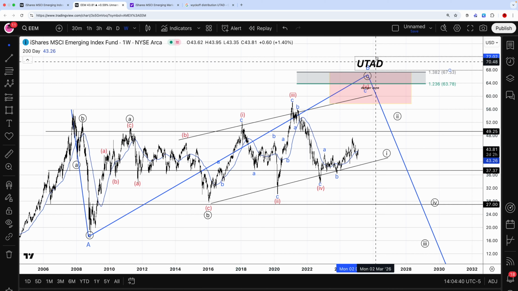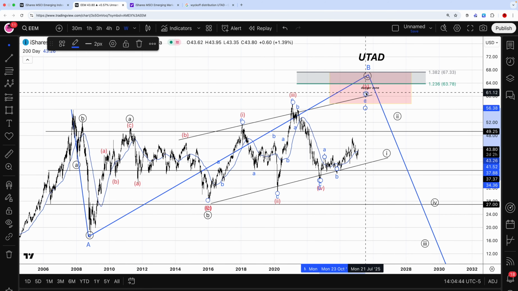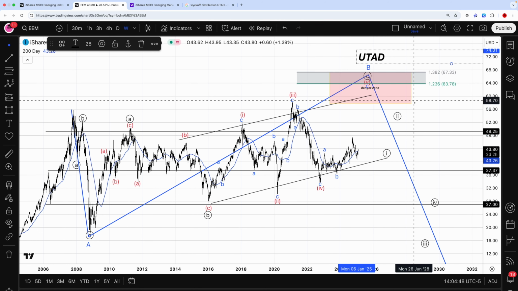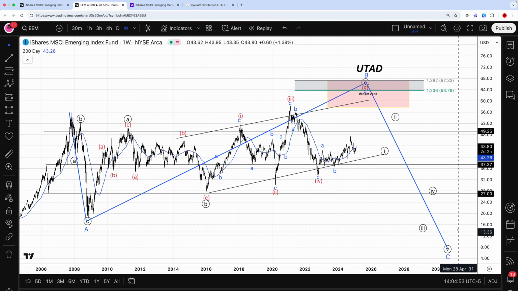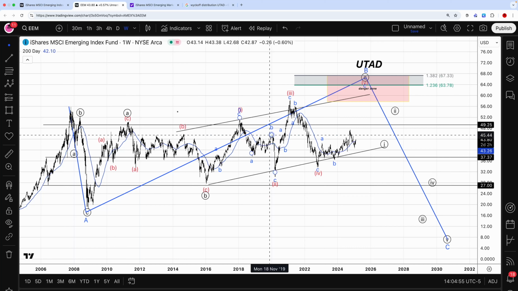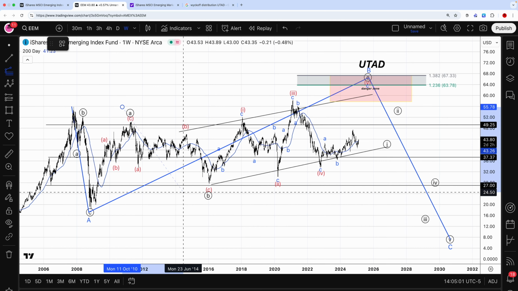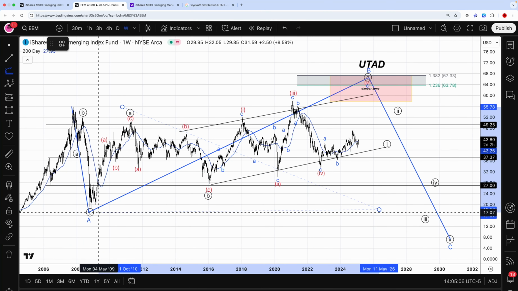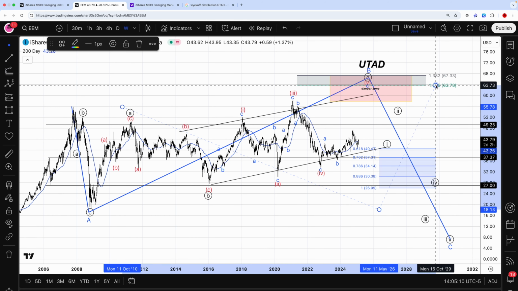What we can also do is place some time cycles on the chart. But we'll first find where this C wave pivot will be by using our trend-based fib from the top of our A to the bottom of our A and up to the top of our expected B wave.